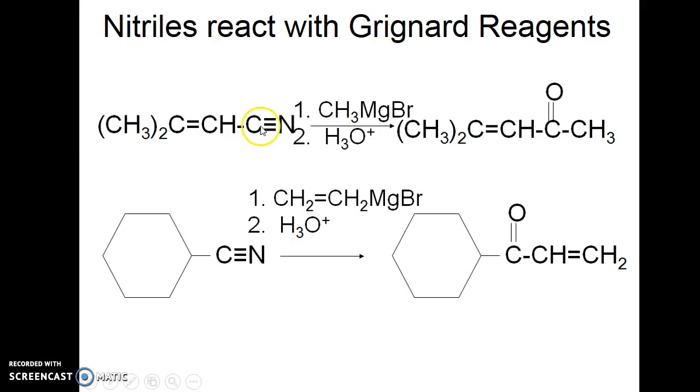Here is the methyl, there is the methyl. Here is a vinyl, and here is vinyl. So you see, this is what was added by the Grignard reagent.